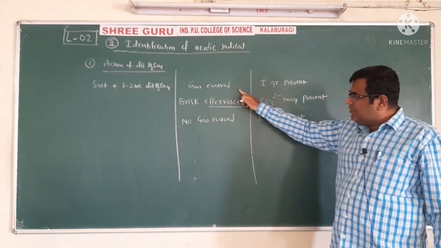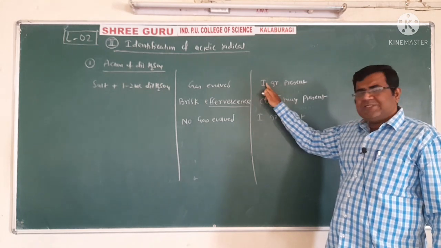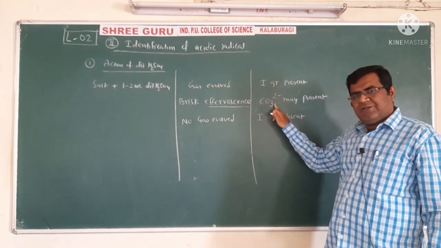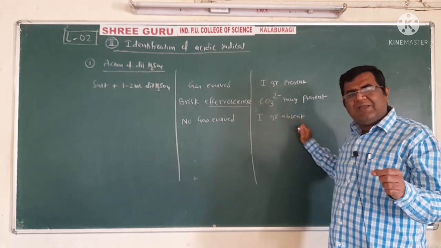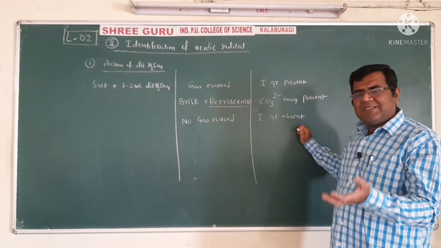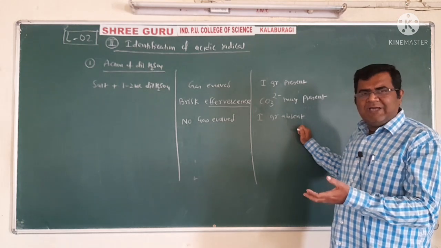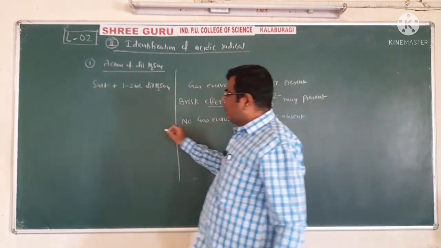If you have gas evolved, group 1 is present. And which radical is present in group 1? Only one, carbonate. How to identify it? Brisk effervescence. As soon as you add dilute acid, bubbles come out, and you can say that effervescence of carbon dioxide occurs and carbonate may be present. So this is the first group.